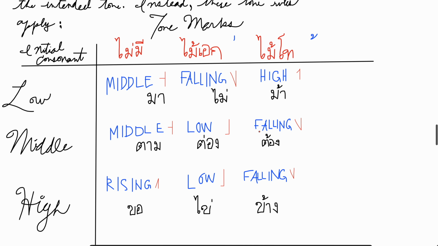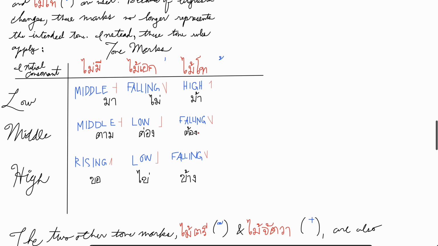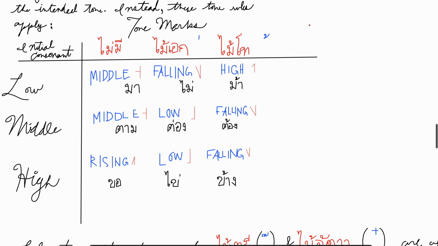So take the time, if you would like, to take a little screenshot. These are, of course, for live syllables. I should have written that down so that you can take a readily available screenshot.